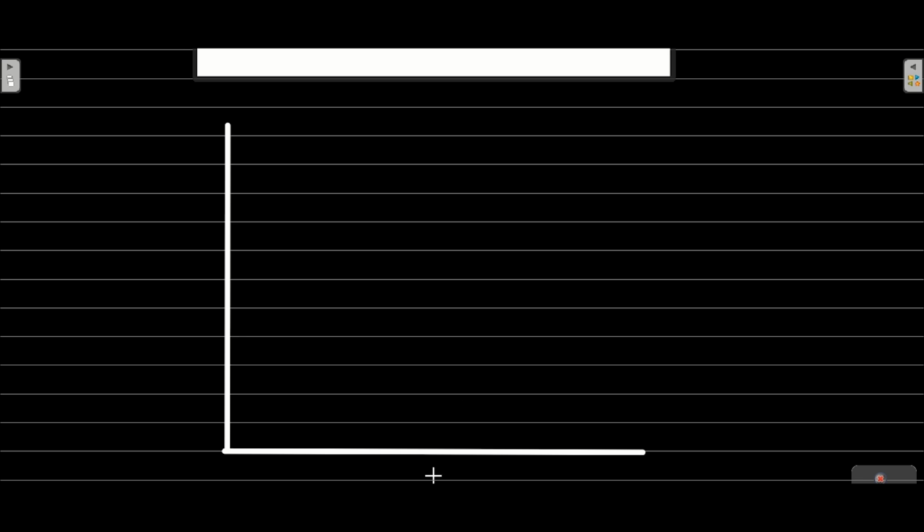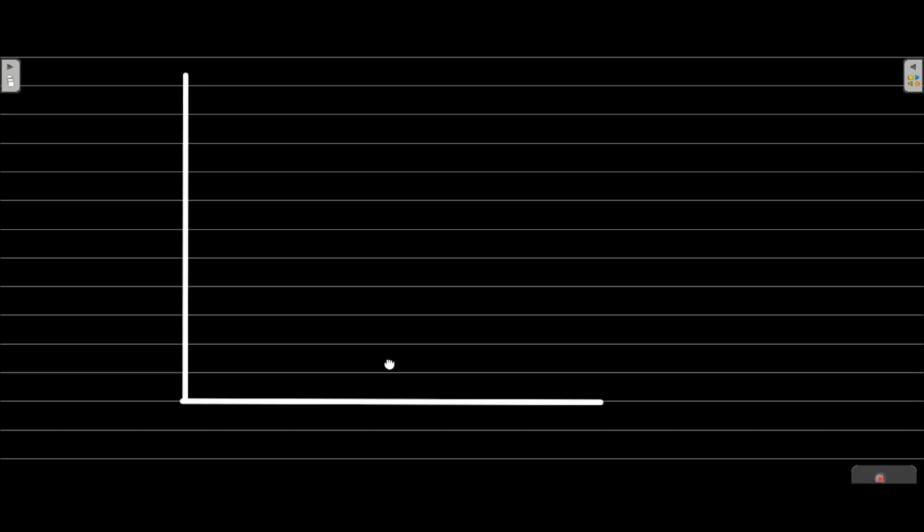So what are we changing here? We're changing the force and we are observing the acceleration. So that means our independent variable is going to be force in newtons, increasing in that direction, and on the y-axis we'll have acceleration. I'm just going to state a.